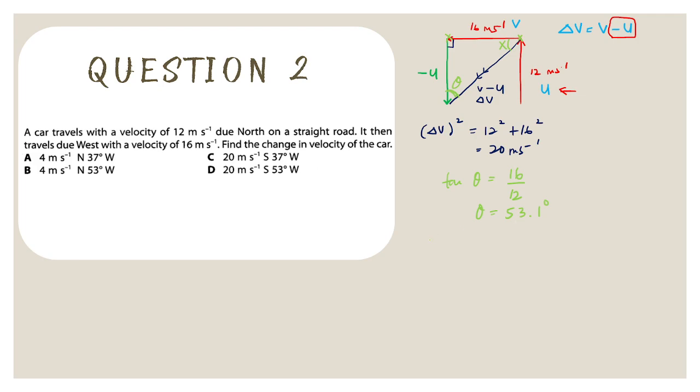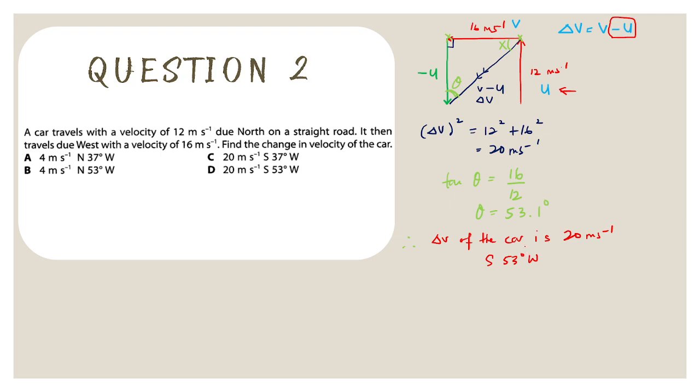Okay, because the answer is a vector, we have to give both the magnitude and the direction. So the change of velocity of the car is 20 meters per second, south 53 degrees west.